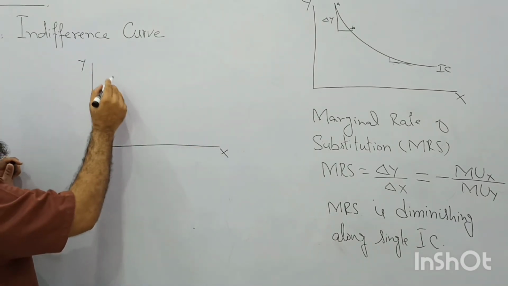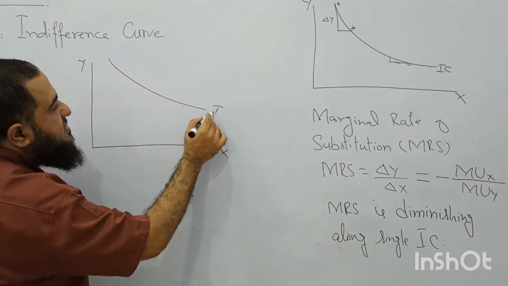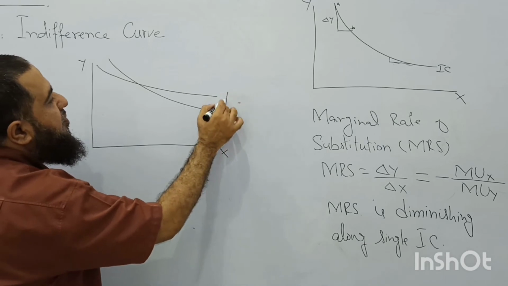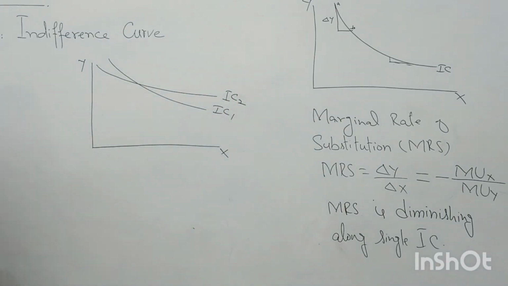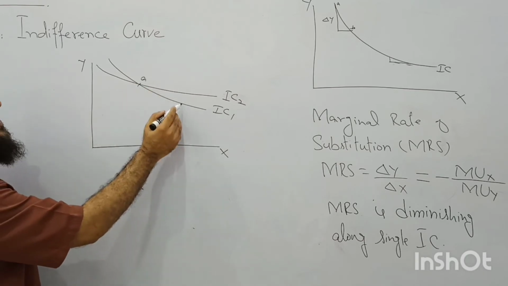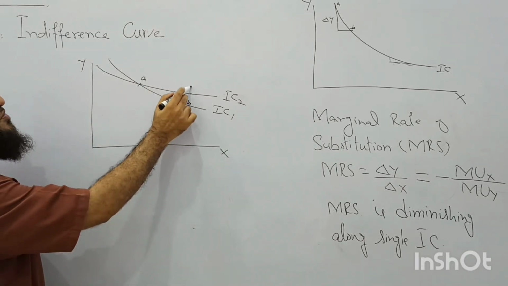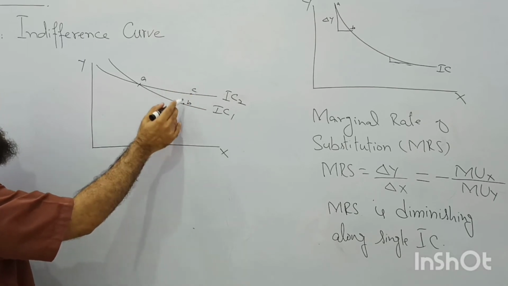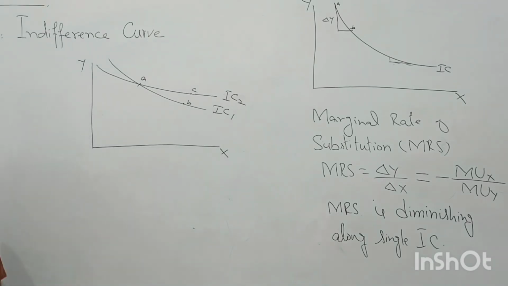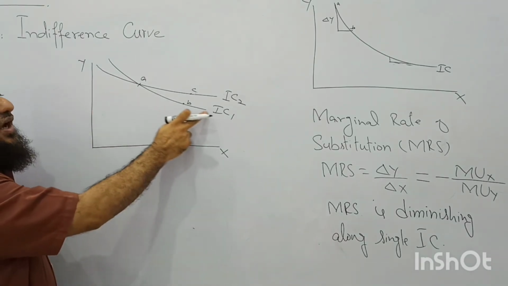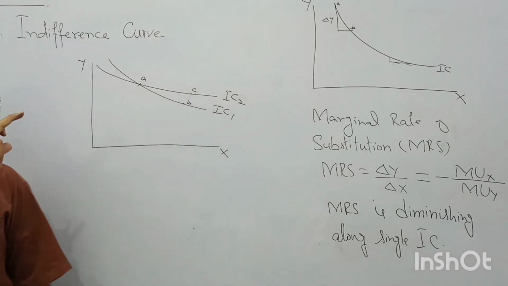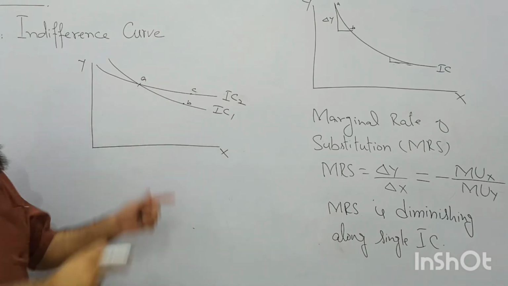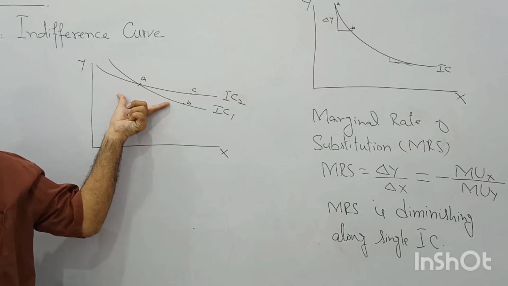Here I am taking again X and Y. This is indifference curve 1. This is indifference curve 2. Alright. Now this point is A, this is point B, and this is point C. If we say this point A is lying along indifference curve 1, it means A and B are having same level of satisfaction.